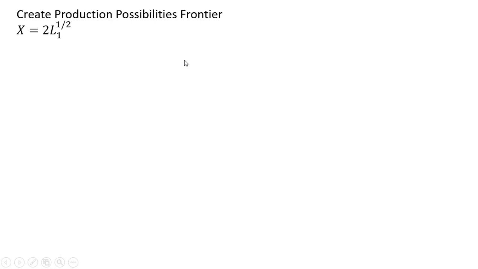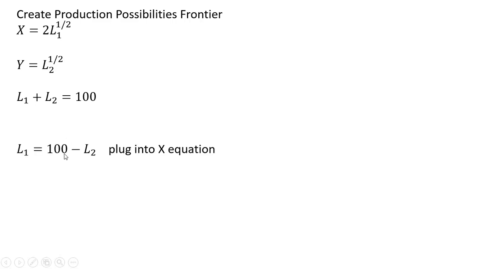Our next step is we're going to create a production possibilities frontier for this economy. So we have the production function for firm 1, the production function for firm 2, recognizing there's 100 units of labor to be split between those 2 firms. The first thing we're going to do is solve for labor for firm 1, which is just 100 minus labor to firm 2, and plug that into the X equation.